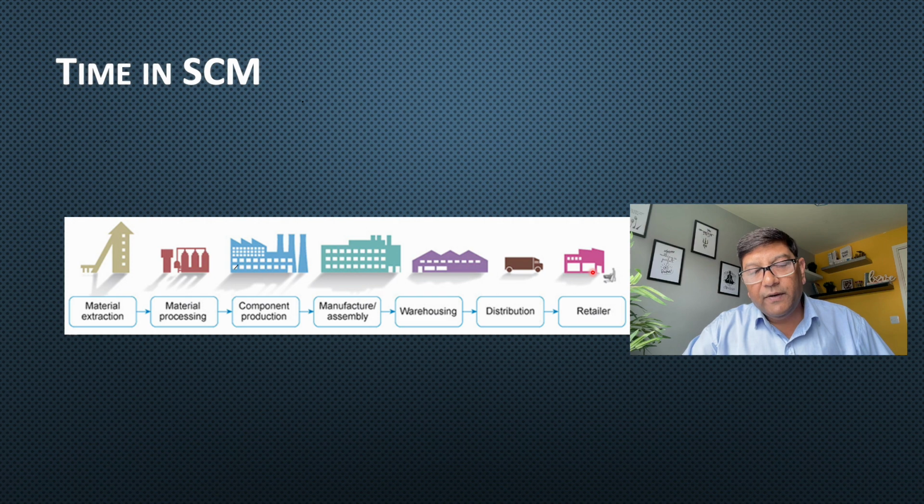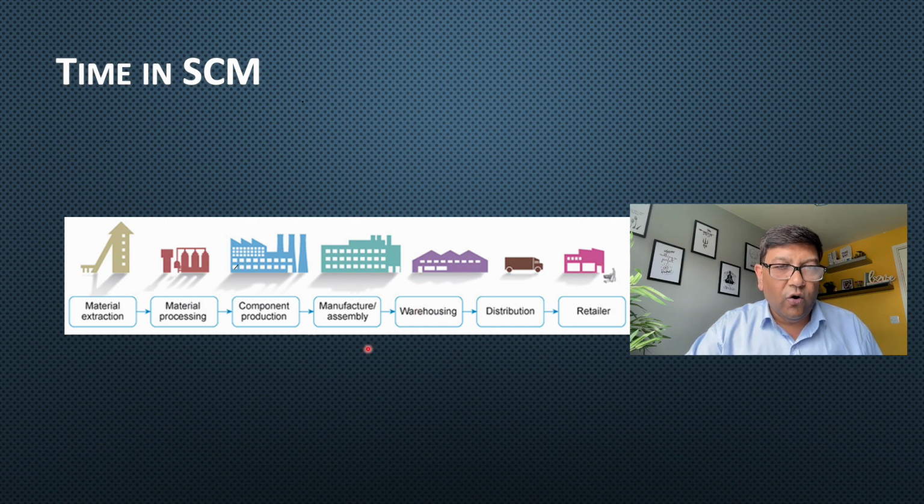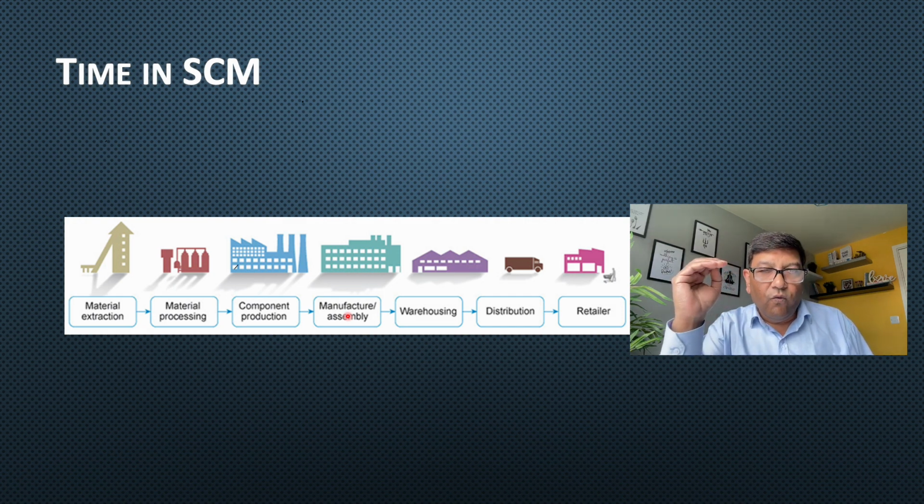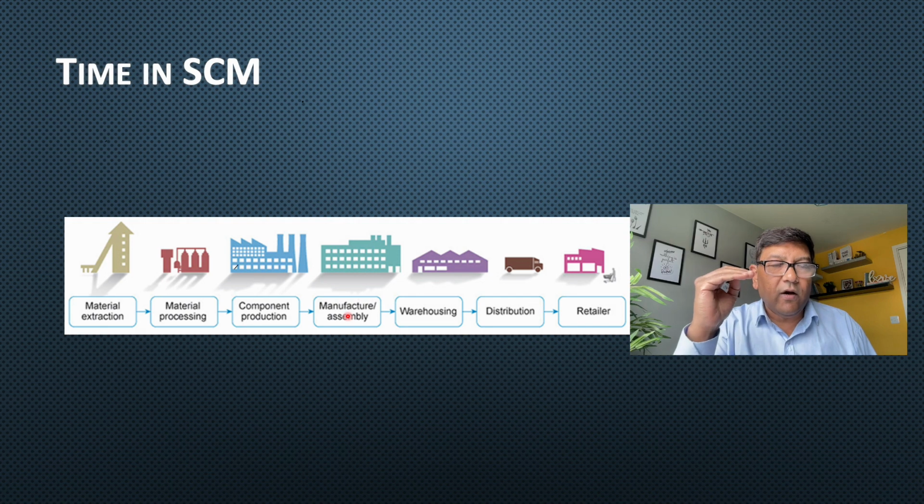So what is happening here is that we try to reduce the time it takes to deliver to you as early as possible. The same thing happens between the warehouse and the manufacturer. When the retailer orders from the warehouse, and the warehouse orders from the manufacturer, because we are working on batch production or job shop, only when we receive an order do we manufacture.